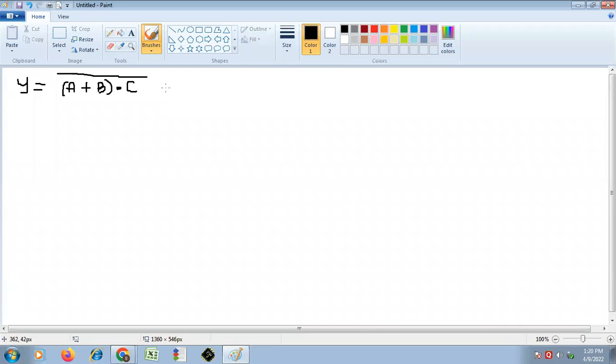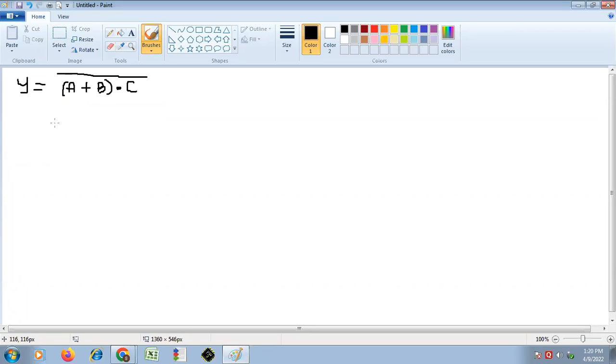Now this equation we will implement using CMOS, and also we will draw its stick diagram representation. Now again the same story for this equation.